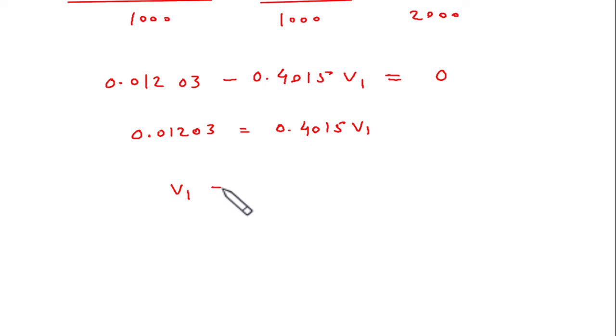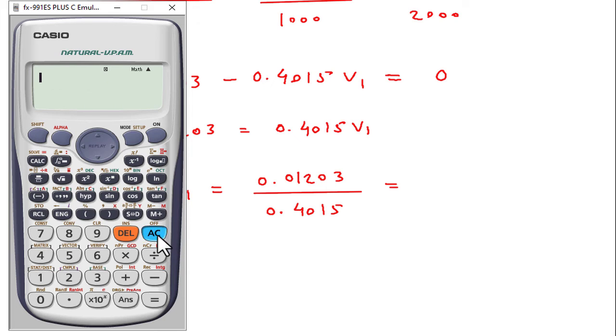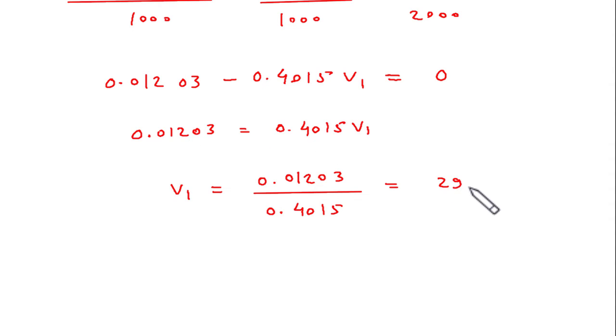So V1 is equal to 0.01203 by 0.4015, which is 29.96 into 10 raised to minus 3 volt.